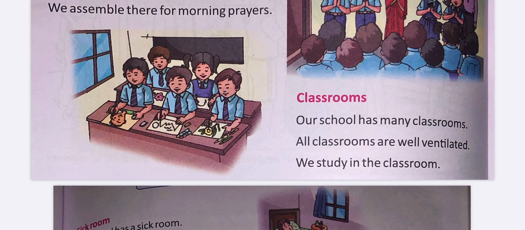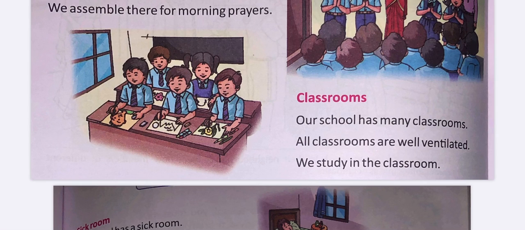The next is classrooms. Our school has many classrooms. All classrooms are well ventilated. We study in the classroom. So the next important room of the school is a classroom. It is the place where we sit and study and where we learn our lessons.